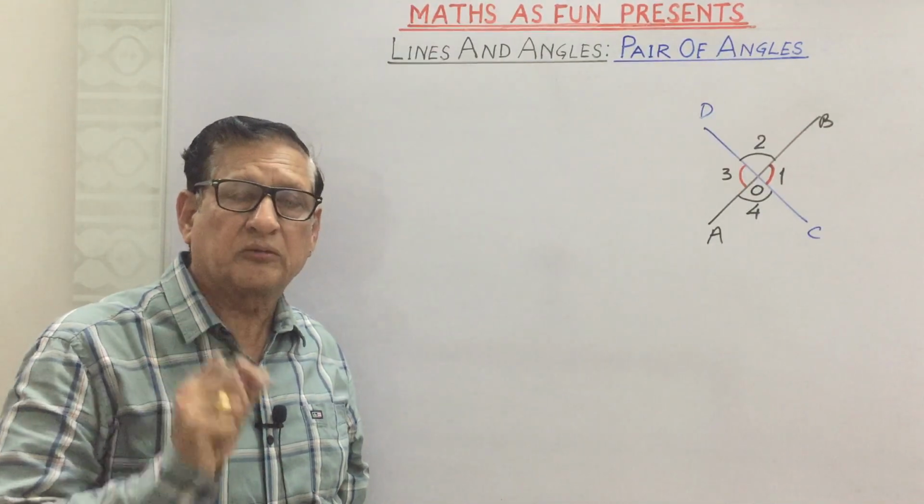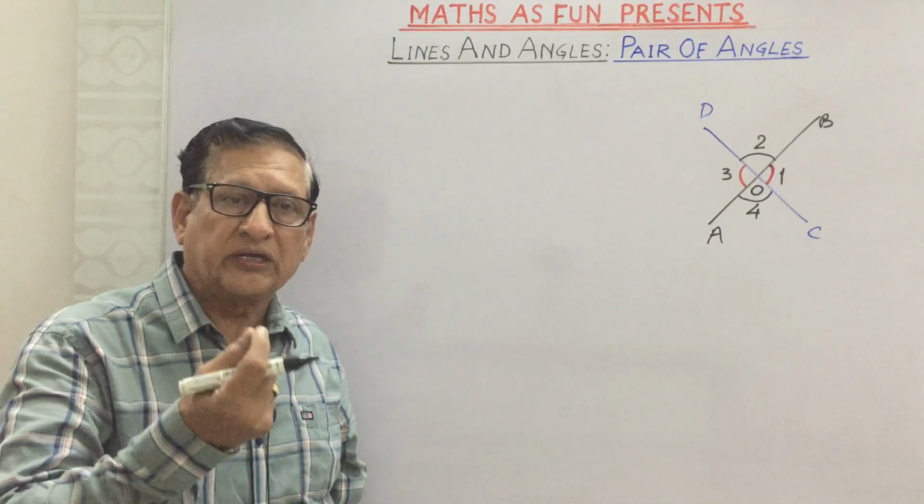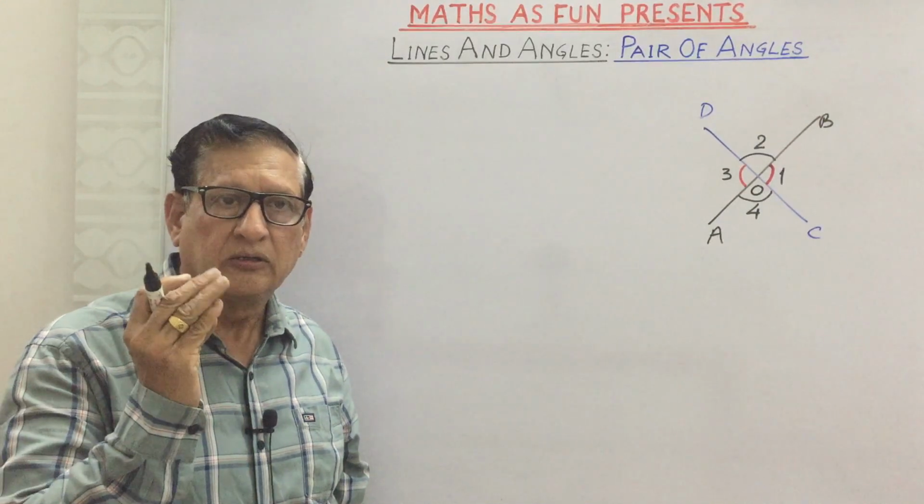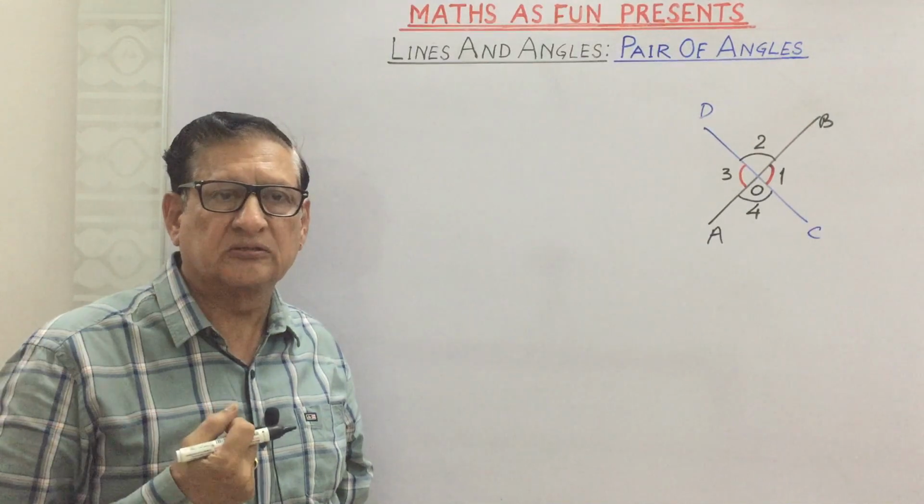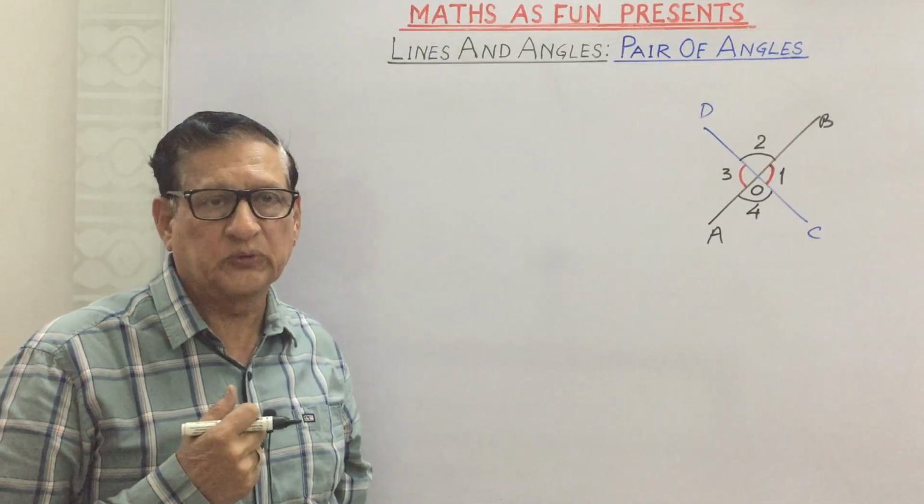When we prove any theorem in geometry, we have to take 4 steps. They are given, to prove, construction if required, and then the proof.